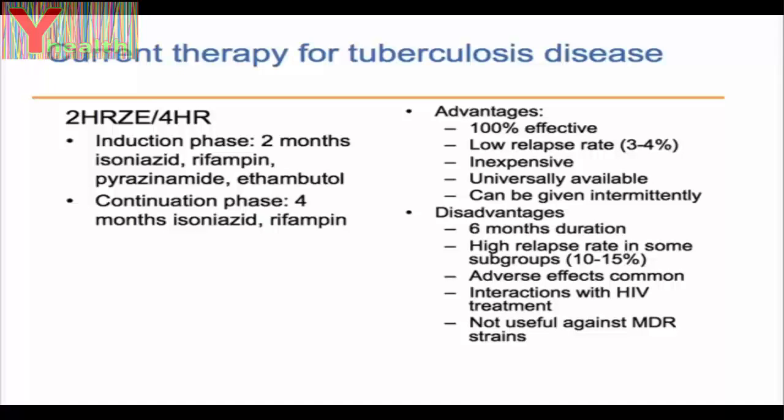Side effects are common with the regimen. This regimen does include medicines that can have significant drug-drug interactions with some of the medicines we use to treat HIV infection. And by definition, this regimen is not useful against multi-drug resistant strains of tuberculosis. Multi-drug resistant TB is by definition resistant to isoniazid and rifampin.